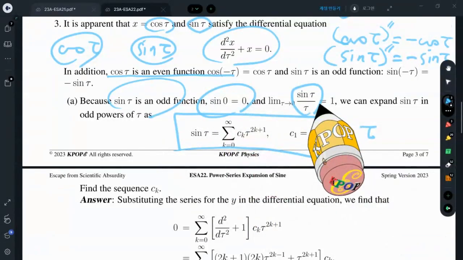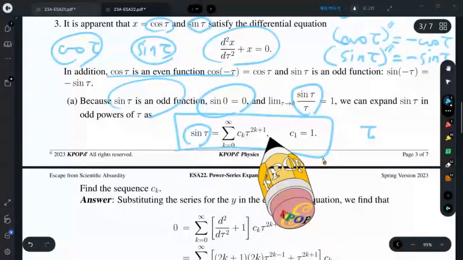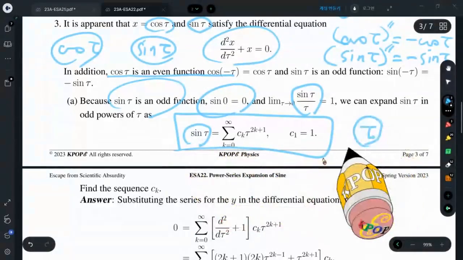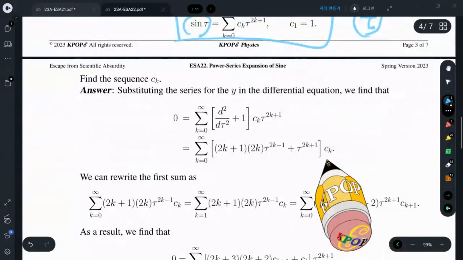Using these two facts, I can tell you the first term in this power series of sine is tau. Find the sequence ck in here.